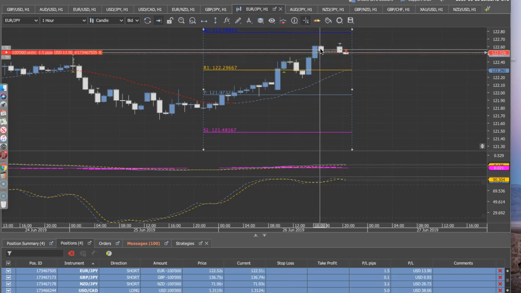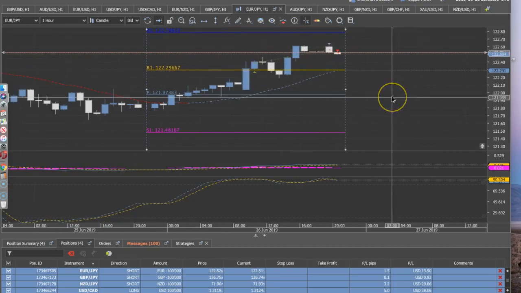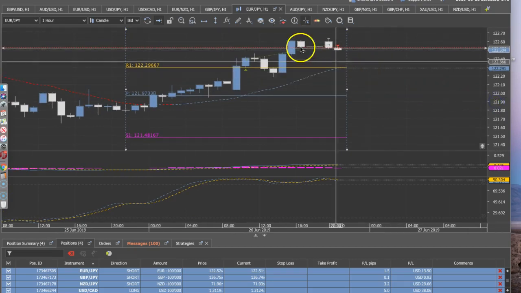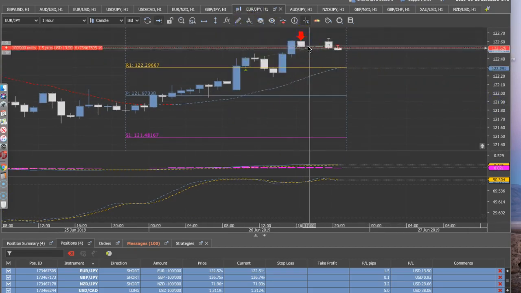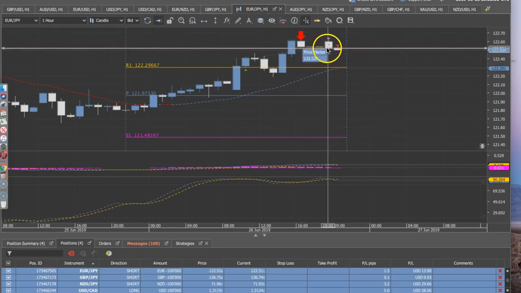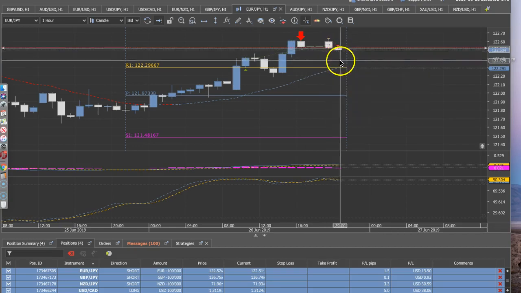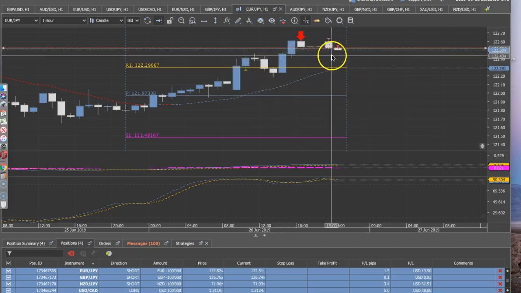It's an inside bar, and let me make it a little bit bigger so you can see what I'm talking about. There's the inside bar. I just need a candle to close below or break below this inside bar, and that's my trade.